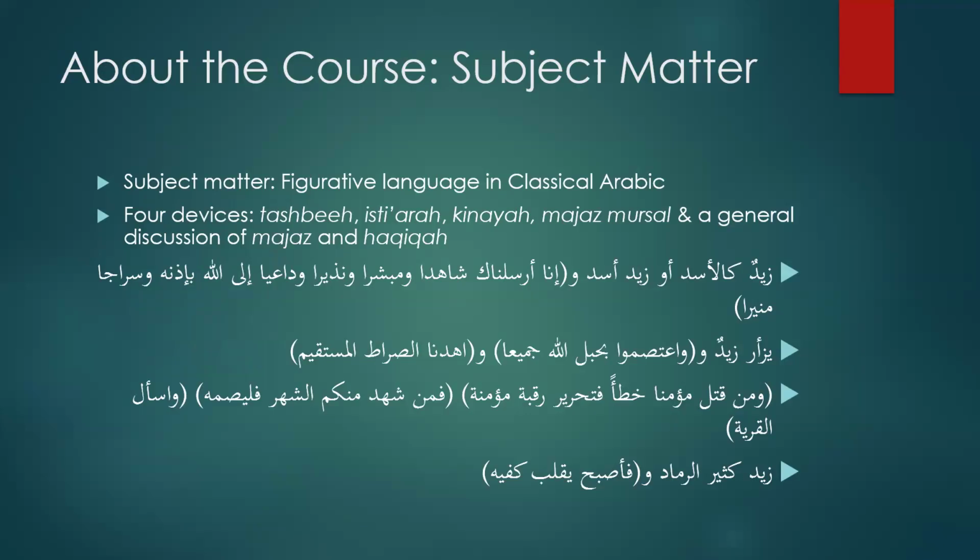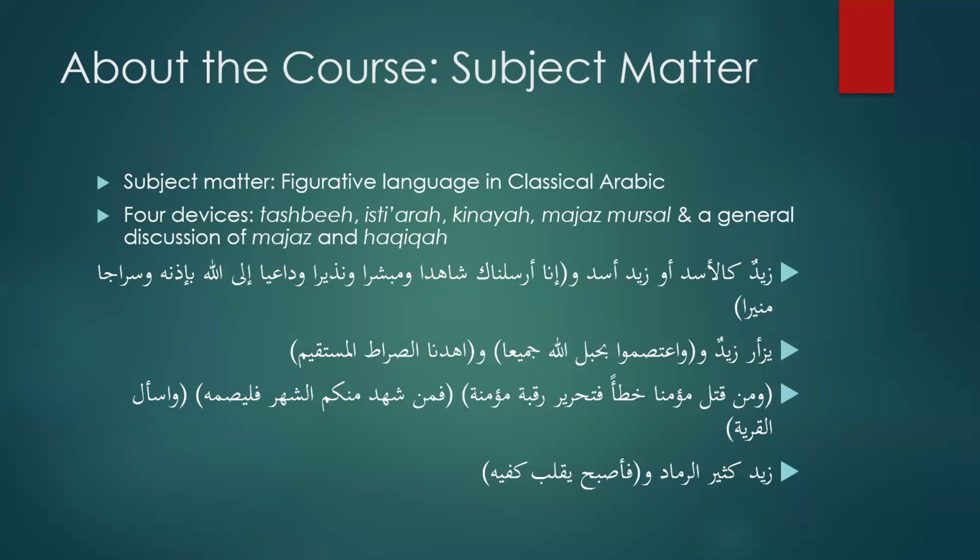So the entire discussion of Ilm al-Bayan only has to do with figurative language, and so it doesn't have to do with literal language in the way that we use literal and figurative in modern English, and also, to an extent, the way that we understand majaz and haqiqa in modern standard Arabic.